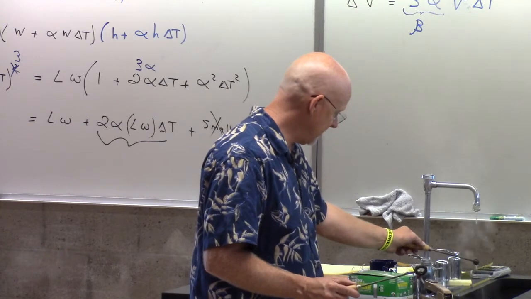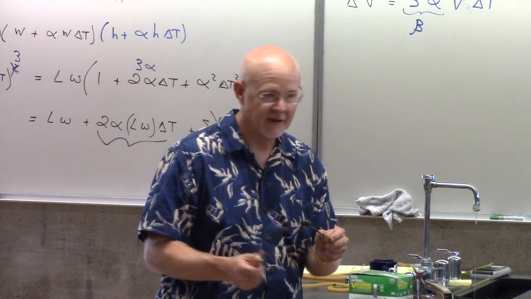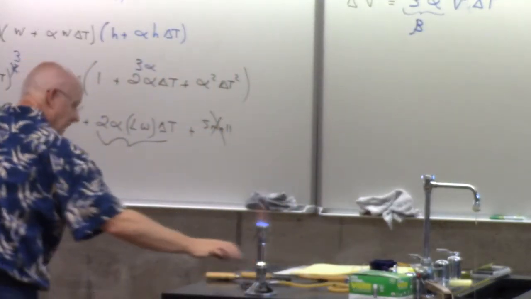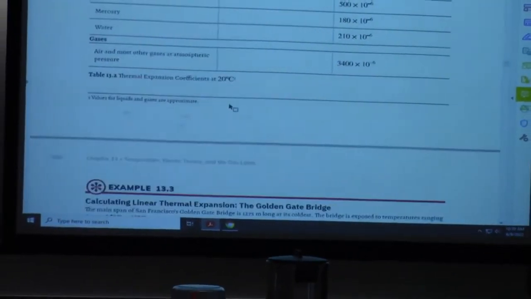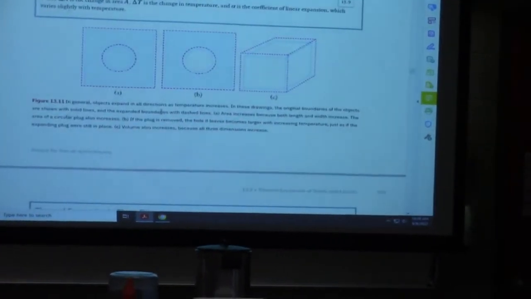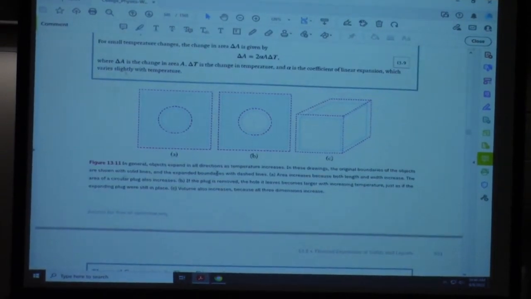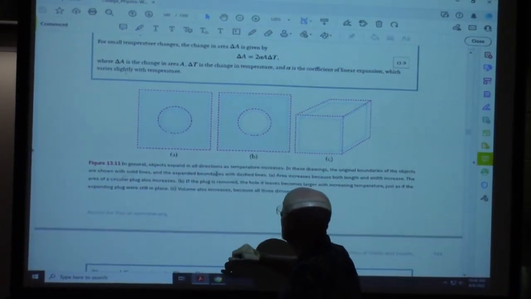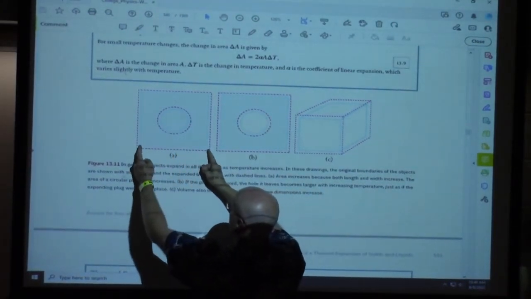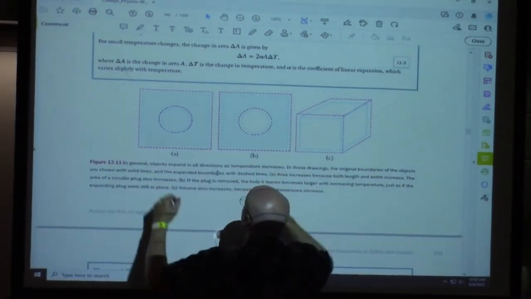Okay, cool it down. Now it fits. And the best way, I think, to explain that is with a picture, and that's what your author is attempting to do here. We'll go back to that picture 11, but your author is trying to say that this may seem kind of weird to many people, but if this is cold and this is hot, most people get the idea that if this is the length when it is cold, then it grows when it is hot.